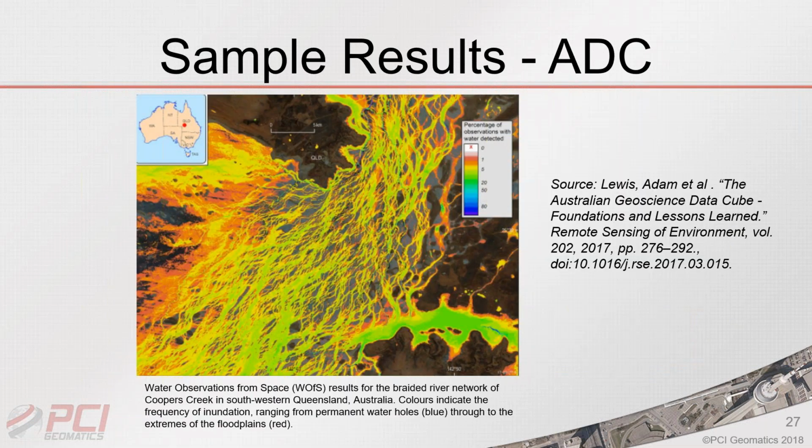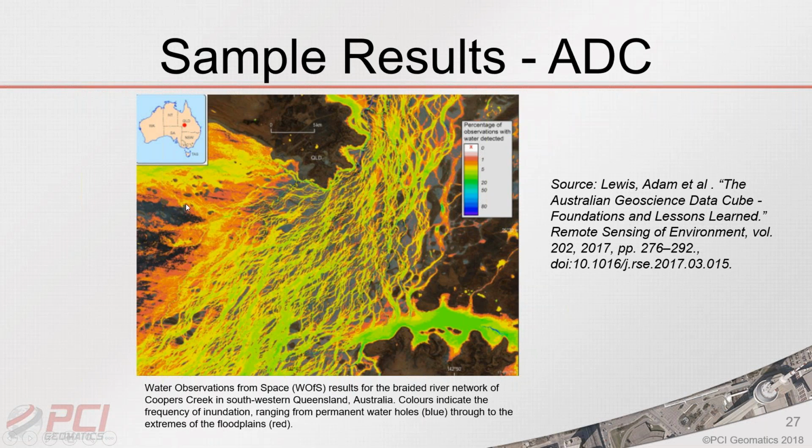Another example is flood mapping. This is an example of a product that is looking at water observation from space. It looks at the frequency and the location of water. You can see that the only area where there's a permanent water body is this little tiny portion down in the bottom right side of this graphic. Everything else is only present some percentage of the observation period, going down to the red areas, which are very, very infrequent.